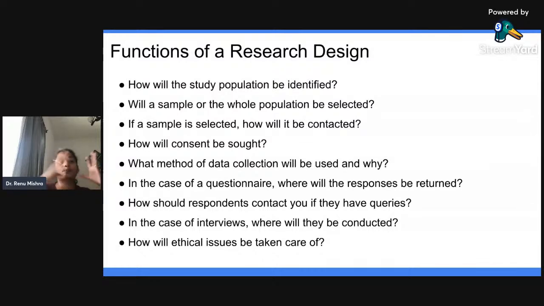If the population is big, then I have to choose a sample. If the population is small, then there is no tension about the sample. I can just take the whole population as a sample. Then when my population is categorized into a sample, how am I going to contact my sample?